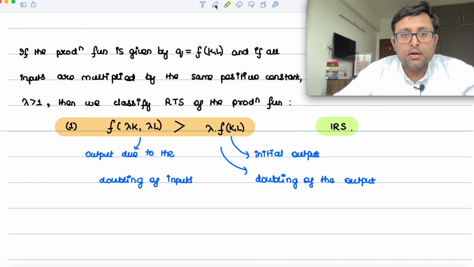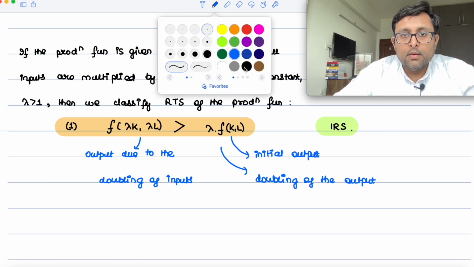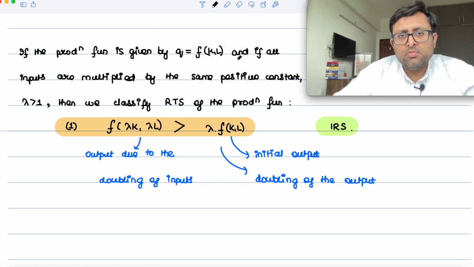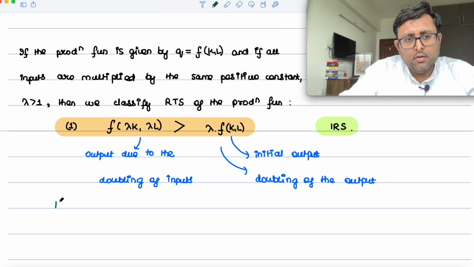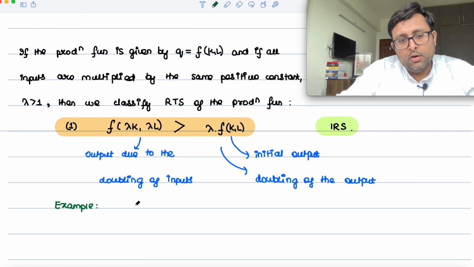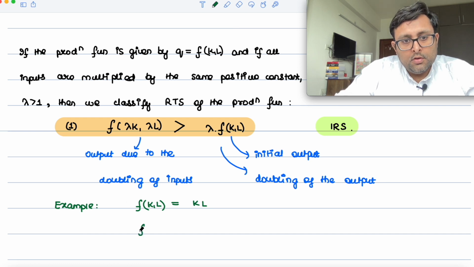Increasing returns to scale, right? So a simple example would have been, for example, f of kl is equal to k into l. That's it. So you increase k and l by lambda.